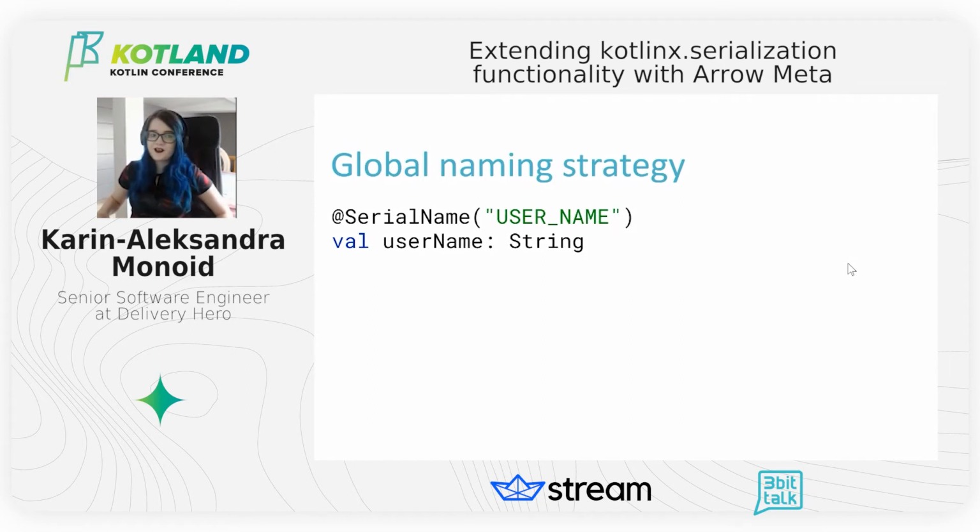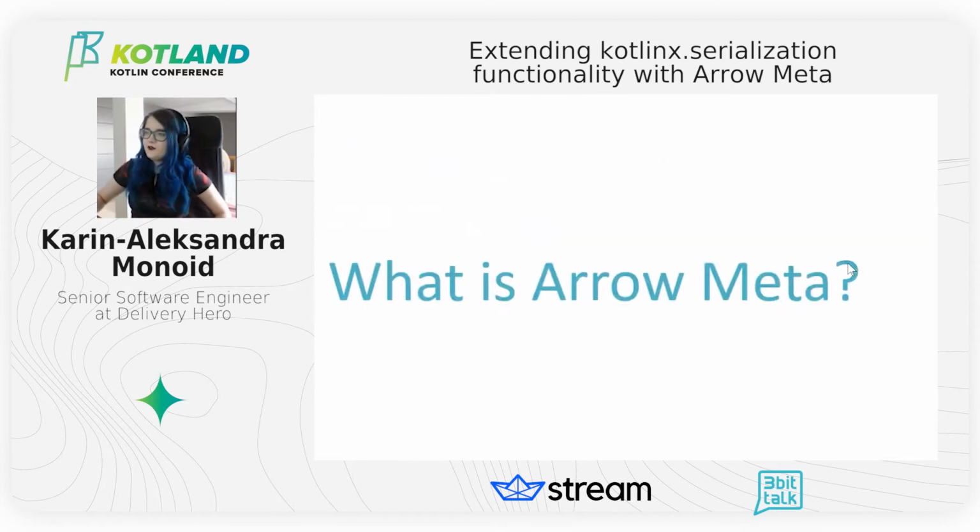The properties are stored in a data class, which is marked as serializable, and every property is marked with SerialName and a remapping of its name. So it sounds like we could automate it. That was my thought, which is why I was thinking, why not experiment with Arrow Meta?